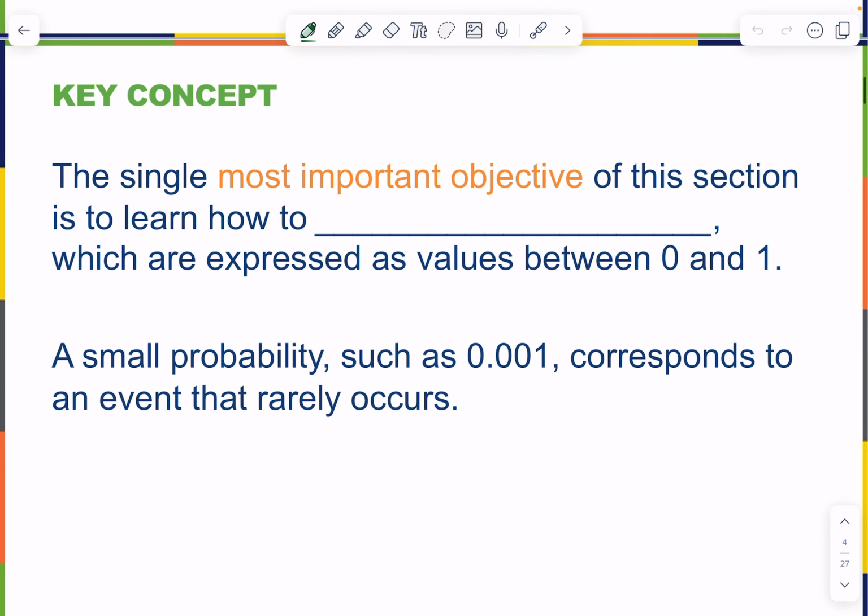Key concept. The single most important objective of this section is to learn how to interpret probability values.